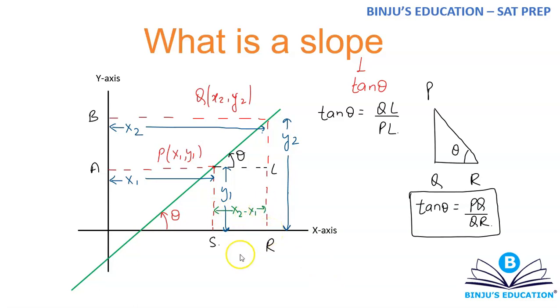This entire line is x2, this is x1, so the remaining will automatically be x2 minus x1. I hope you can relate. Similarly, QR is y2, PS is y1, so QL will be y2 minus y1.